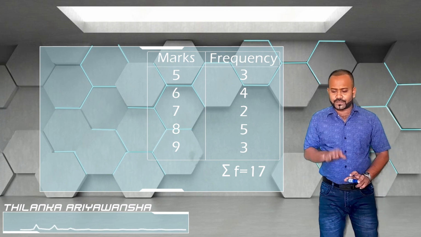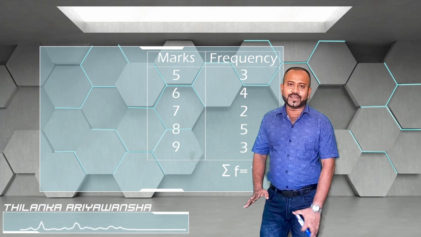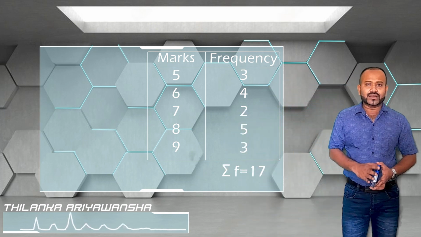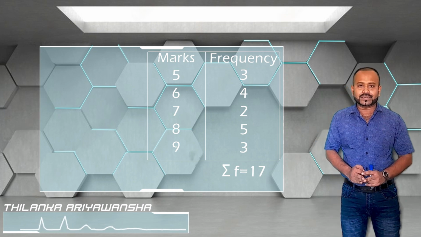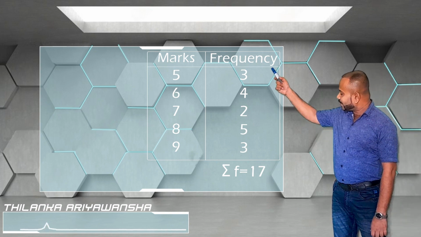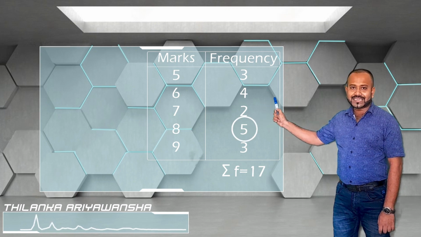The first question was how to find the mode. I told you that is the most repeating number. In the table, in the frequency column, you have the number 5, which is the highest.